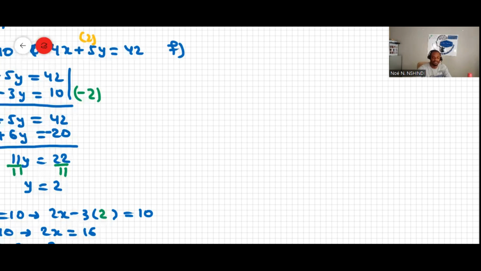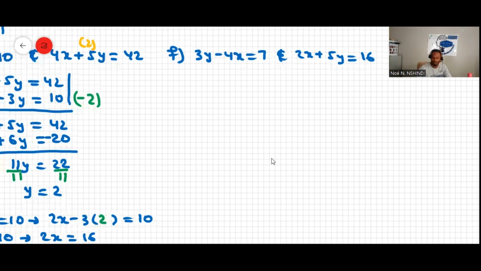F says that 3y minus 4x equals 7 and 2x plus 5y equals 16. Now let's say this is equation 1 and that is equation 2. I need to decide which variable I'm going to cancel easily.